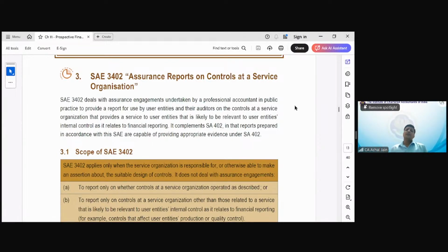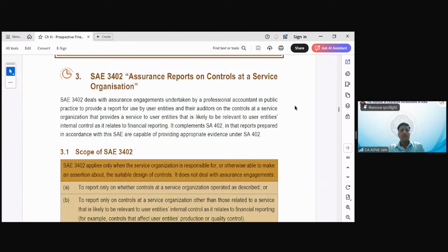Very good. So I think, again, this is a sort of continuation of what we have discussed about service organizations. Right. So a service organization is a third party in a way who is involved in a certain manner with your client. Let's suppose you are the auditor involved with your client, and that is where you need some sort of assurance.